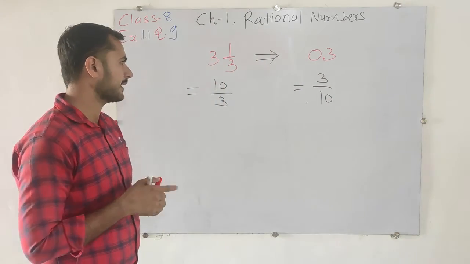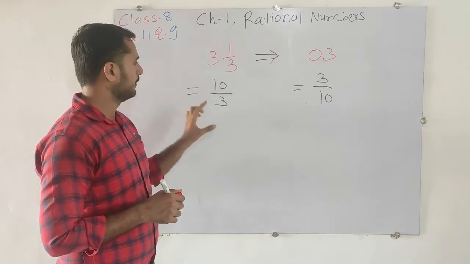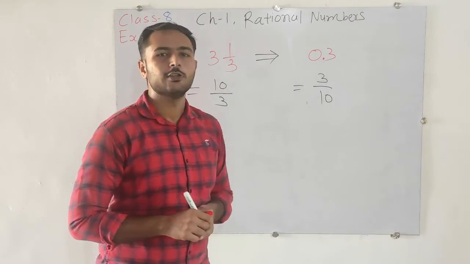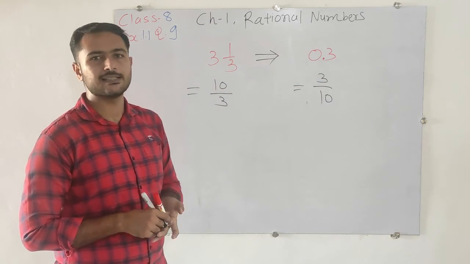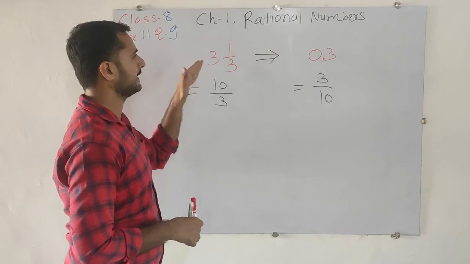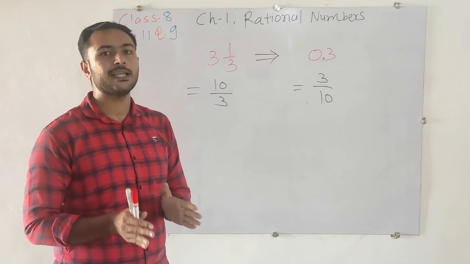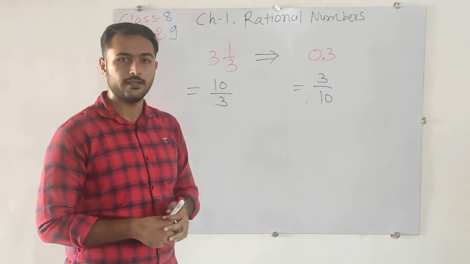Now just identify whether the given number is the multiplicative inverse of this. Yes, because here is 10 by 3 and the reciprocal of 10 by 3 is 3 by 10. So yes, 0.3 is the multiplicative inverse of 3 integer 1 by 3. Write it down properly with the description. Just pause the video and note it down.